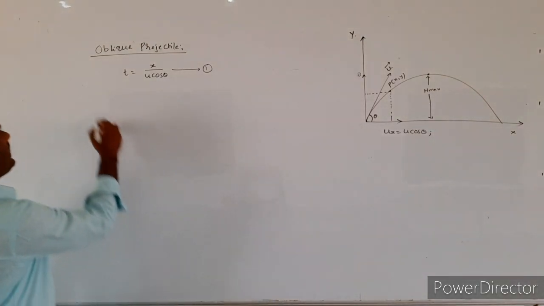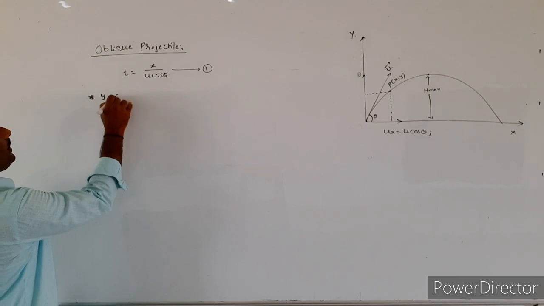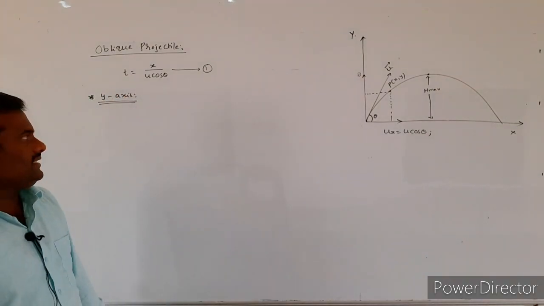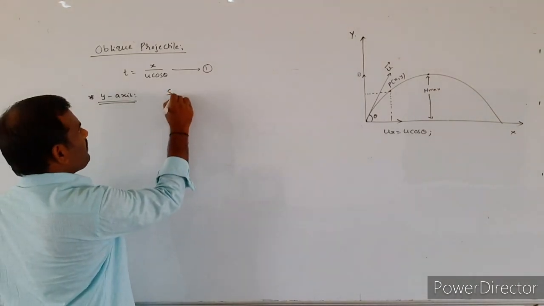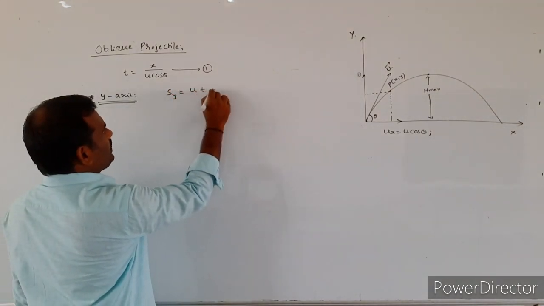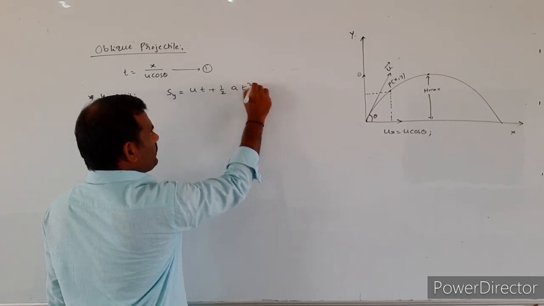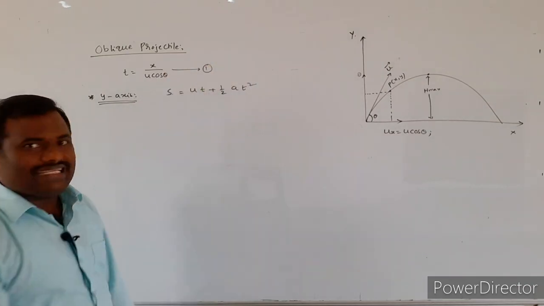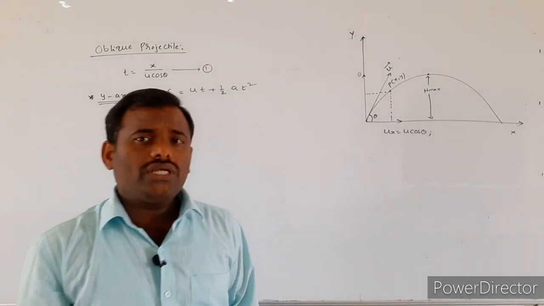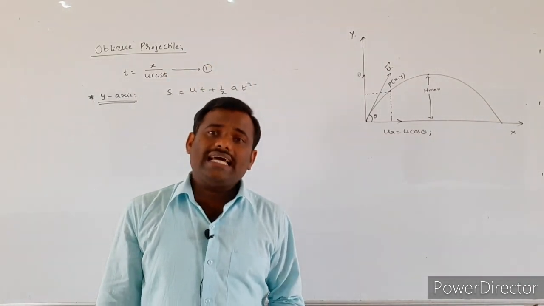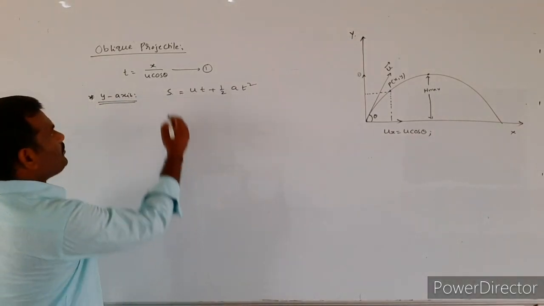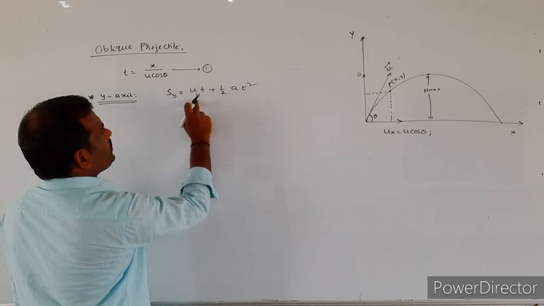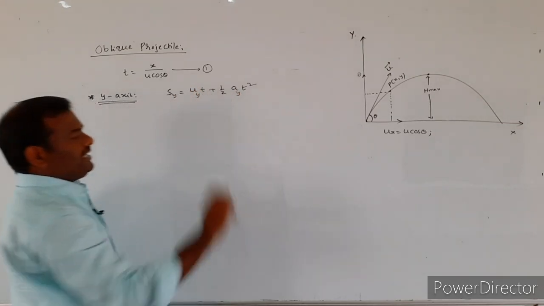Now I consider the motion along the y-axis. For that, again I am writing the basic equation: S is equal to ut plus half at square. Here the motion is along the y-axis, so I put the suffixes: Sy is equal to uy into t plus half into ay into t square.